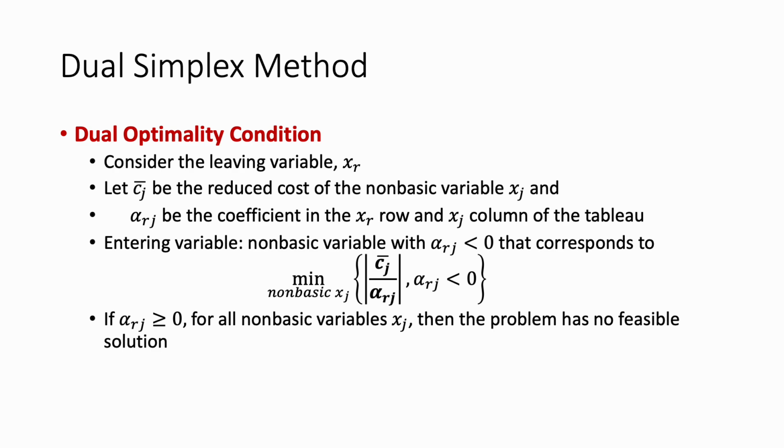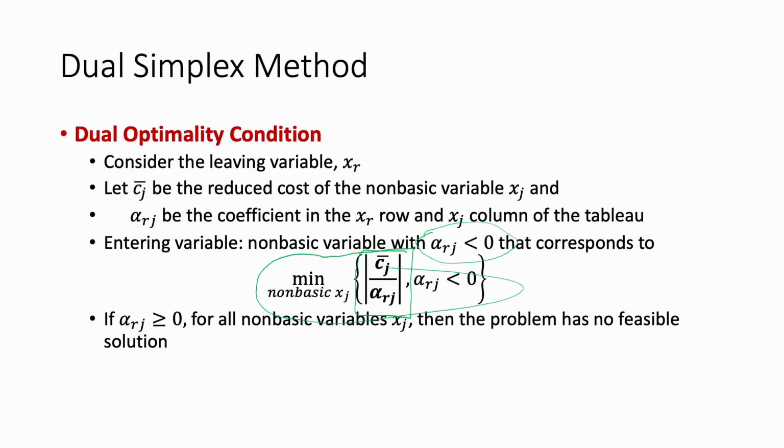So after choosing the leaving variable, the entering variable is chosen from the non-basic variables with negative alpha sub rj, and this corresponds to the minimum ratio between the jth reduced cost and the alpha sub rj.